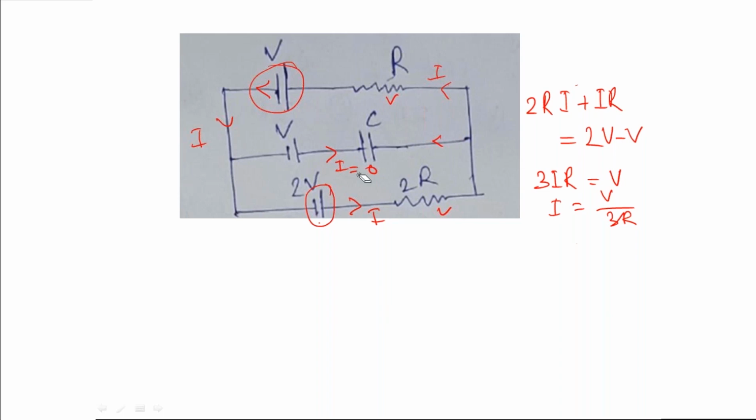Okay. So once I get this current, now it is easy. My question was, actually our aim is to find out the potential drop across this capacitor.